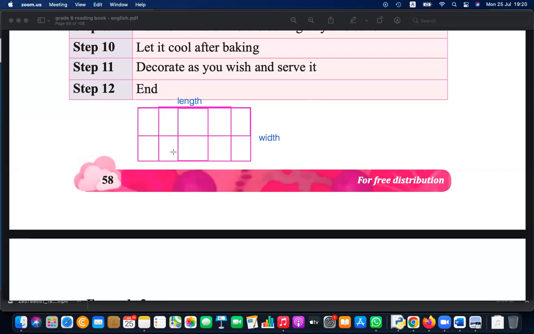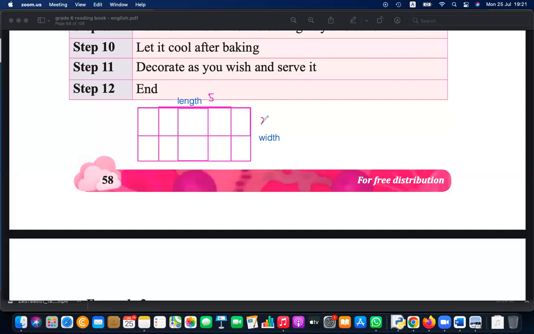10, yeah, it's 10. So how did you count? On this side you can see 1, 2, 3, 4, and 5 tiles, so the length side has 5 tiles. And the width side you can see 1, 2 tiles.